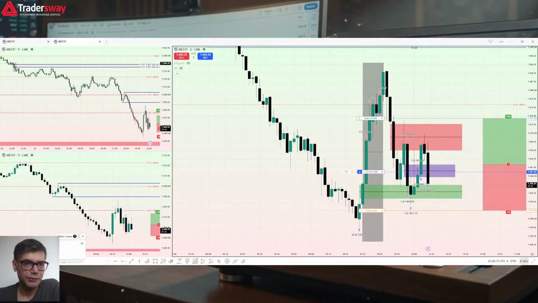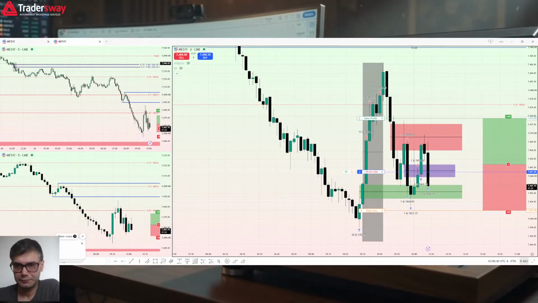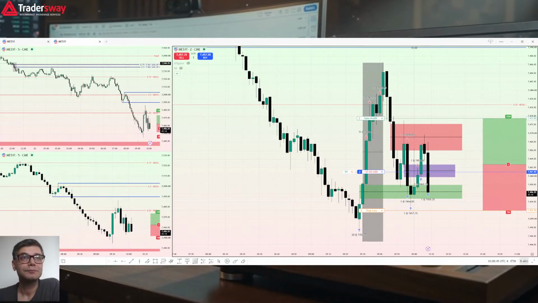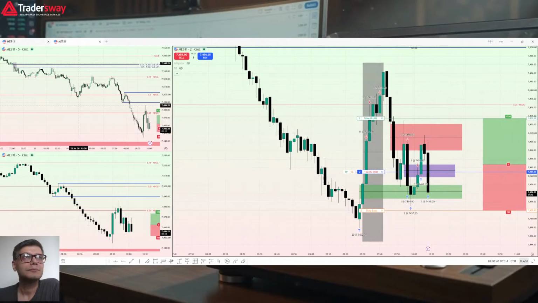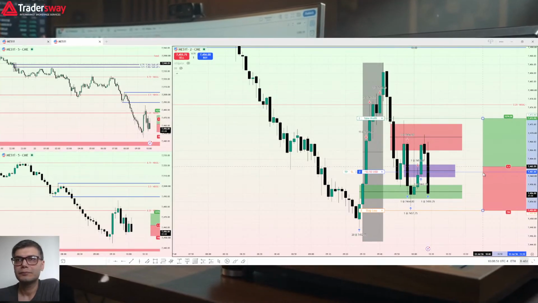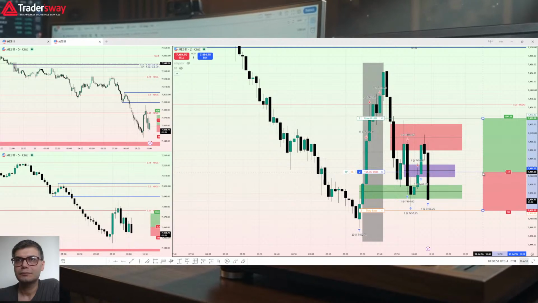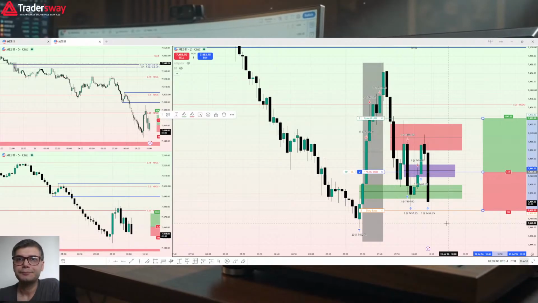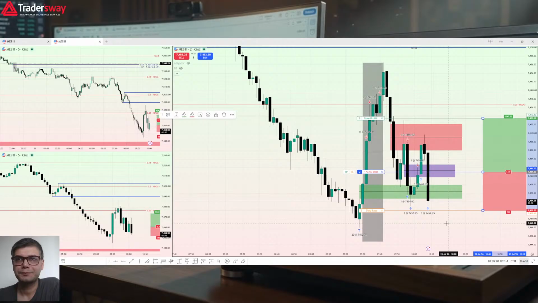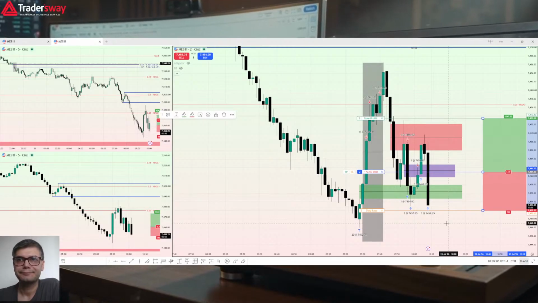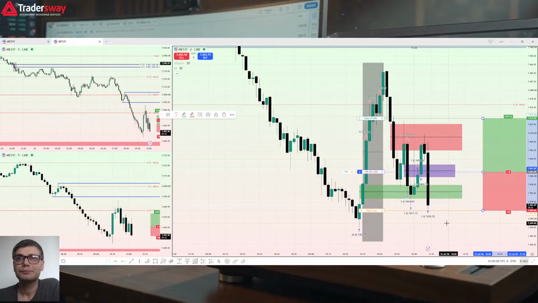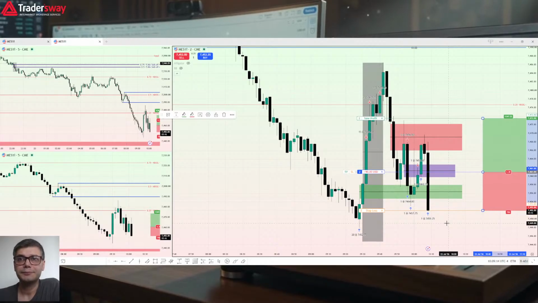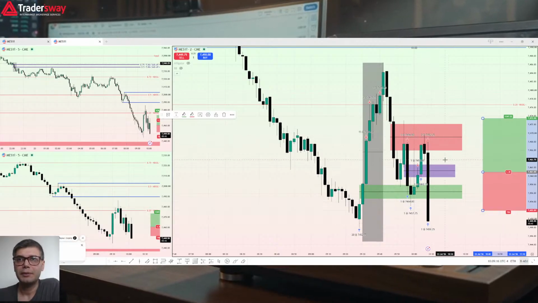But the second order is now active. Yep, going right straight down. Okay, that was a stop. This gap held.